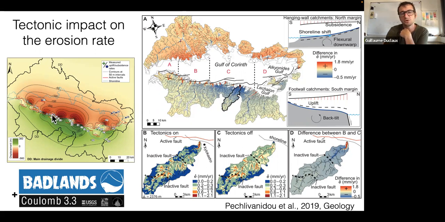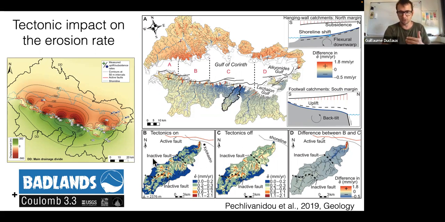While in the footwall of these normal faults, which are relatively steep in here, you're going to have less and less contribution, actually. You're going to feed the basin with a lot of material here. You see the erosion rate is rising very close to the shoreline. But after, when you're inland, because of the back tilt of your system, the faults are going to contribute less and less to the sediment budget.